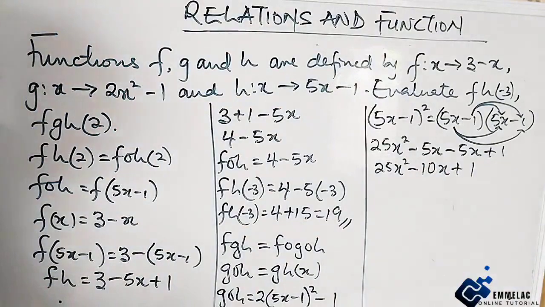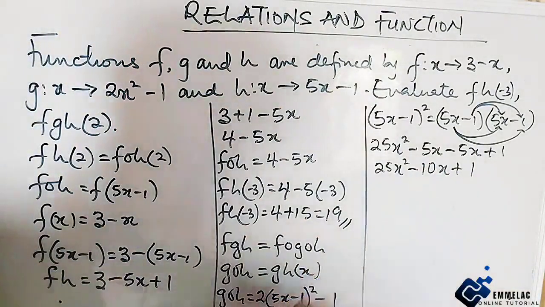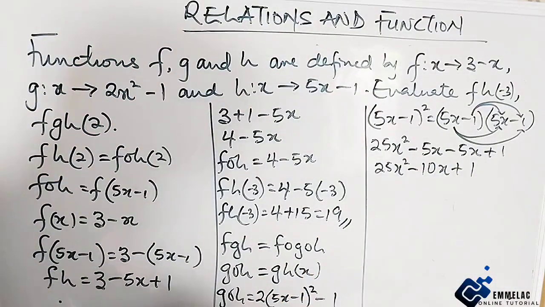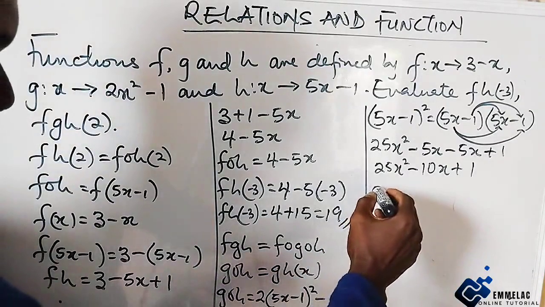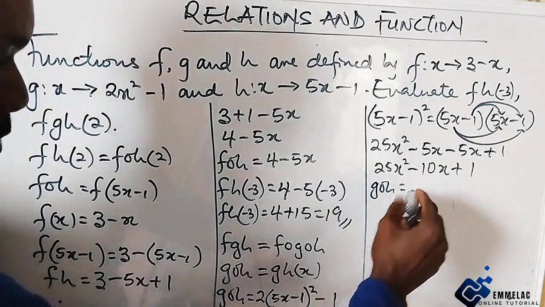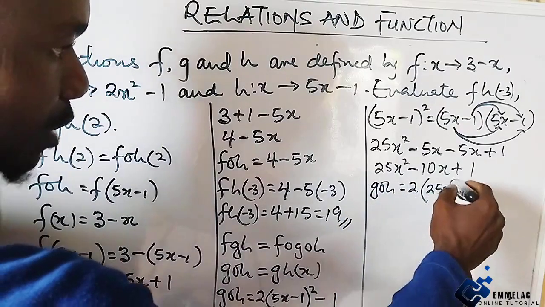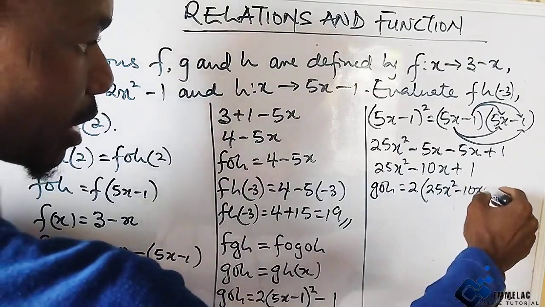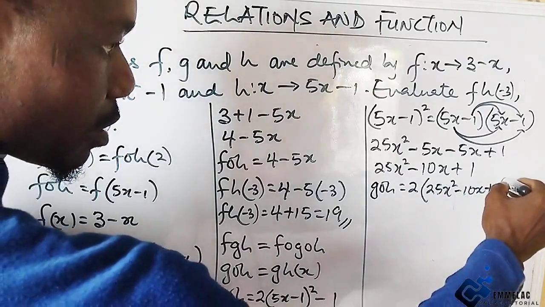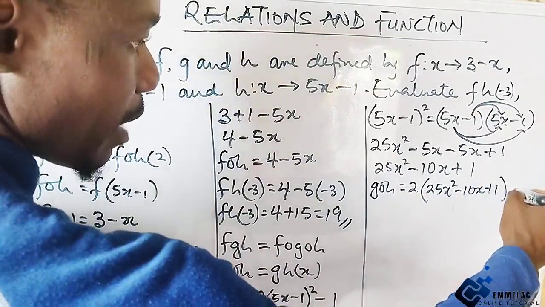Now that we've gotten this, take note, sorry, we are yet to complete this. So here we now have g of h will now give you 2 into 25x squared minus 10x plus 1, minus 1.